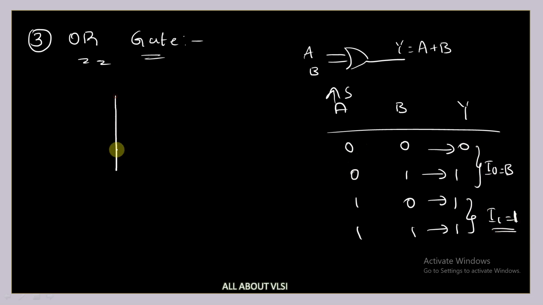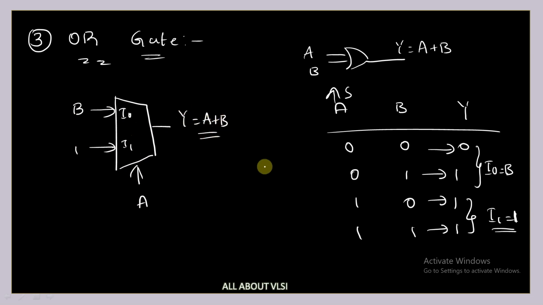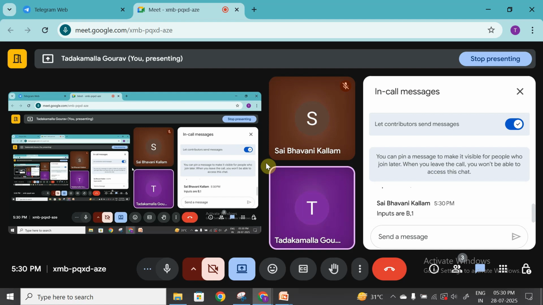This is my multiplexer with the select line as A, one input as B and another input as 1. This is I naught and this is I1, and this is my output Y equal to A plus B. Are you getting the same thing? Exactly, B and 1.